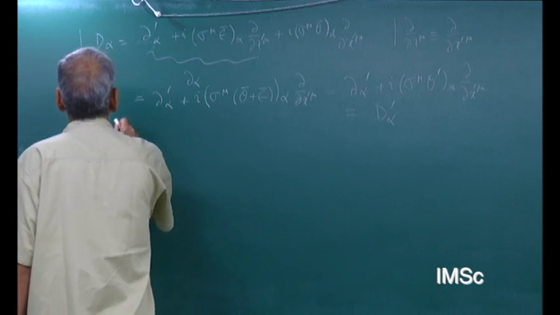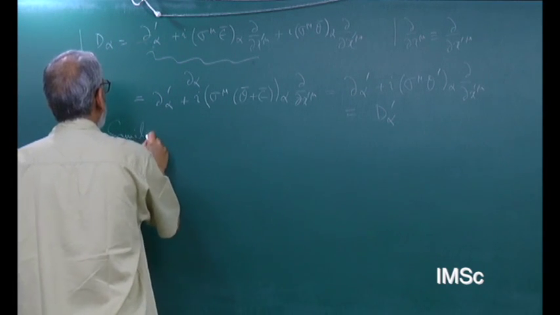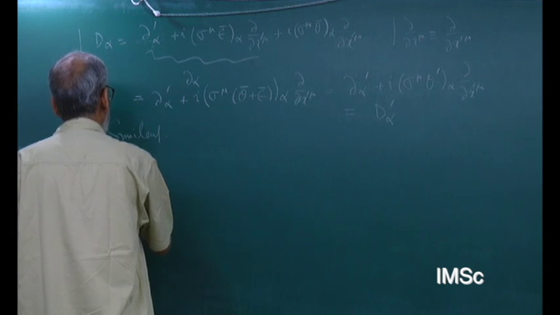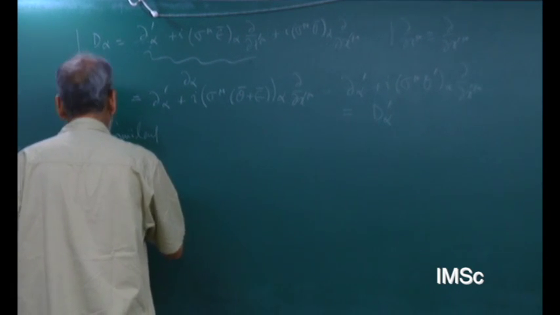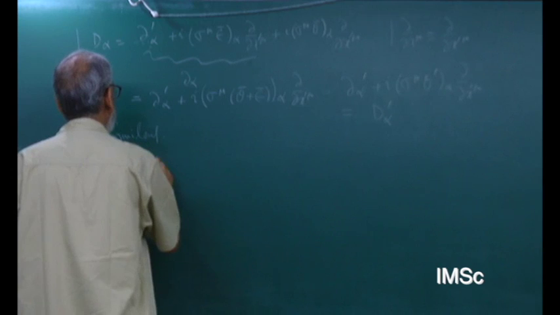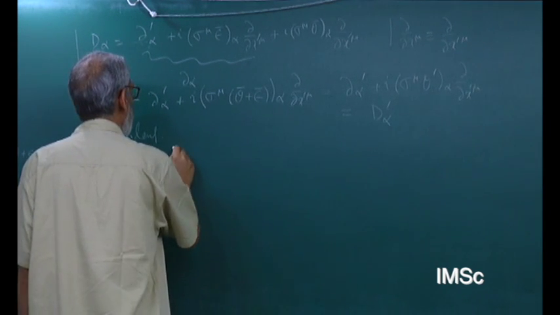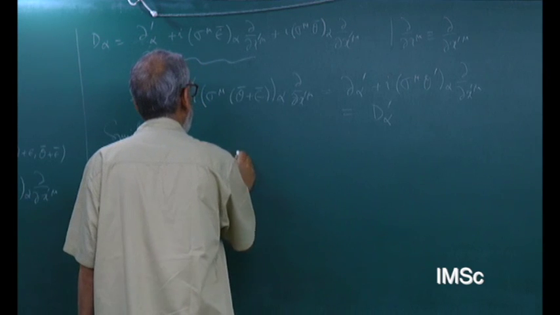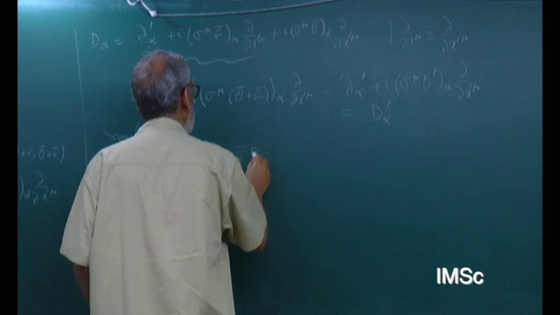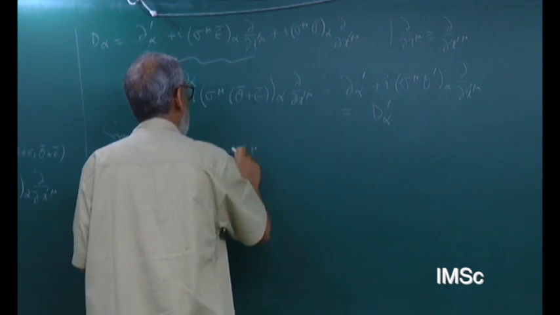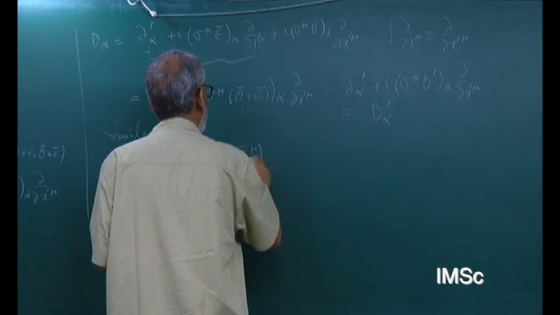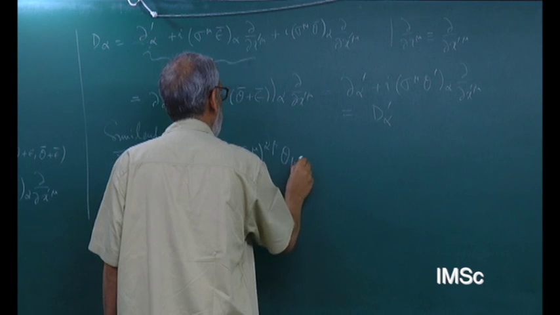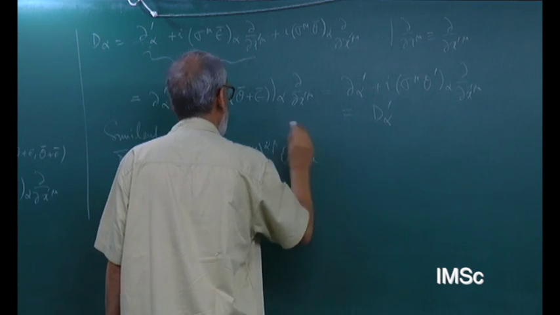So similarly, one could construct d bar alpha dot as d bar alpha dot plus I times sigma bar mu alpha dot beta theta beta d mu.